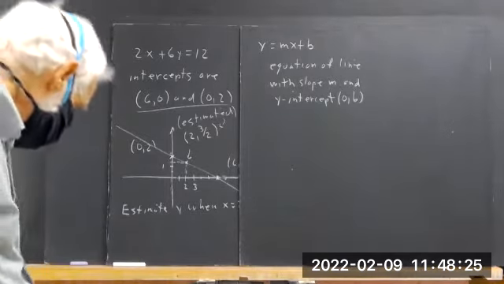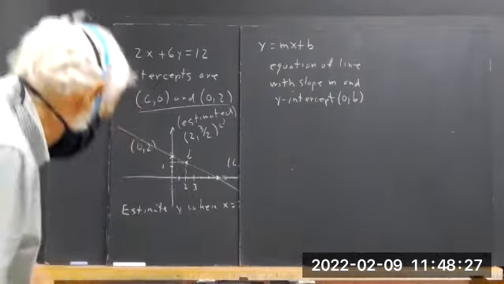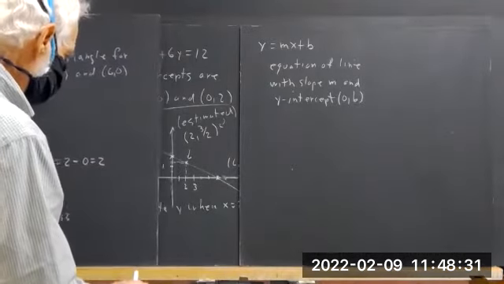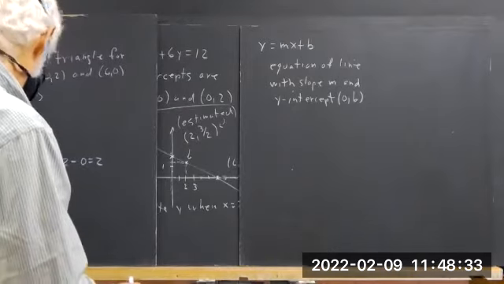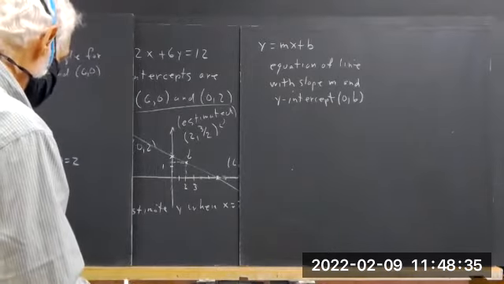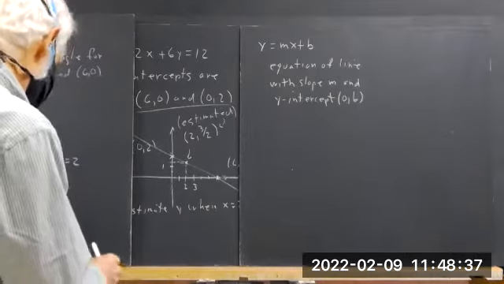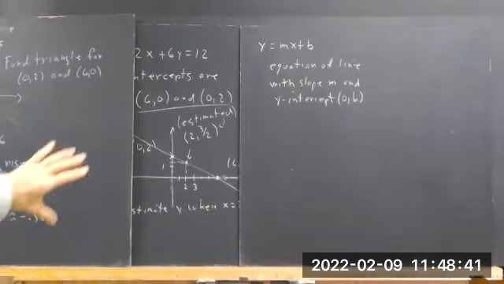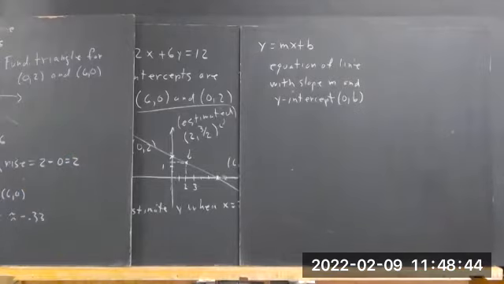Because we just calculated the slope, which is, we calculated the slope. It's off the screen, but we calculated it was negative 0.33.